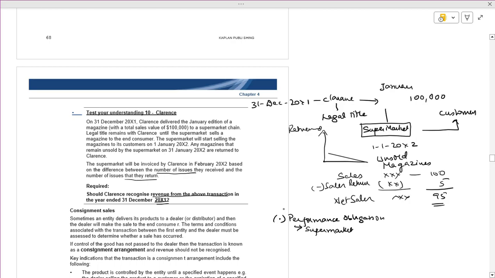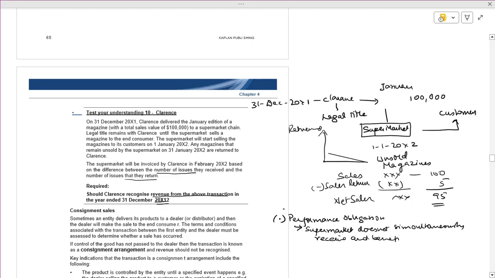The supermarket does not simultaneously receive and benefit from the asset. Simultaneous receive and benefit.